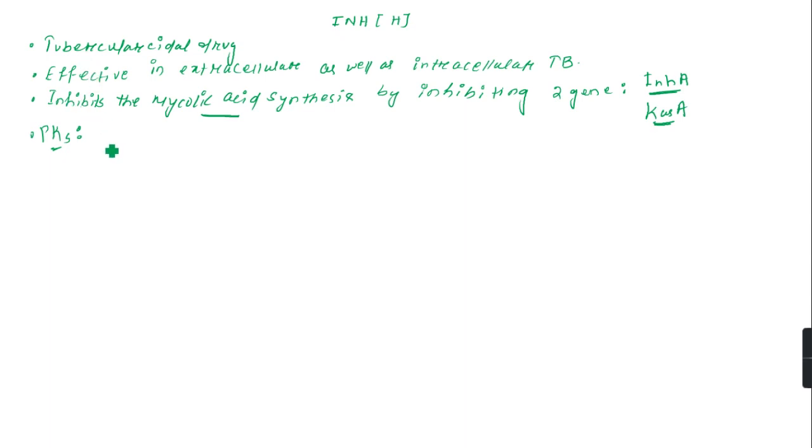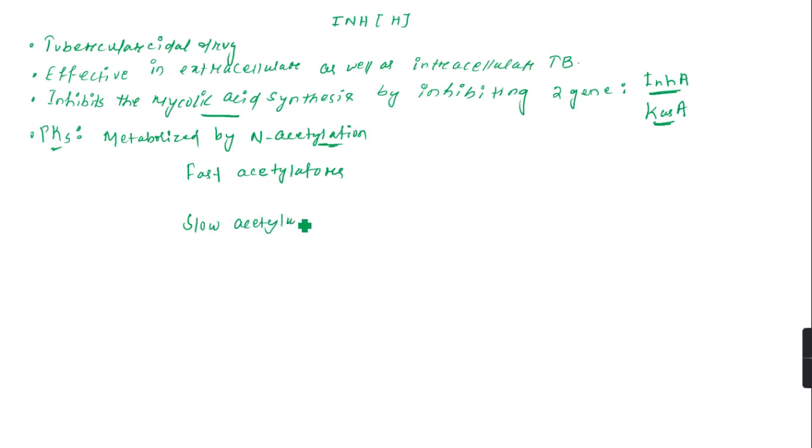It is metabolized by N-acetylation, so its metabolism is affected by fast acetylator and slow acetylator status. So what is a fast acetylator, and what is a slow acetylator? 30 to 40% of Indians are fast acetylators and 60 to 70% of Indians are slow acetylators.